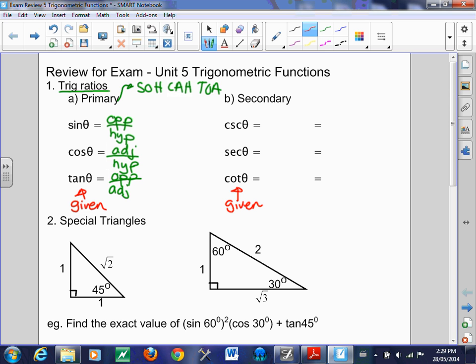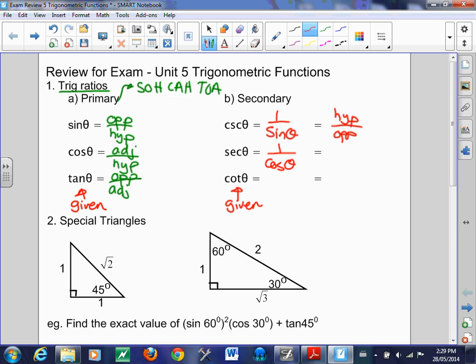And the secondary ones are the inverse. So if you're thinking about cosecant, that is 1 over sine theta. So if you take sine theta and you flip it, it's going to be hypotenuse over opposite. Secant is the opposite of cosecant, so it's going to be 1 over cos theta.